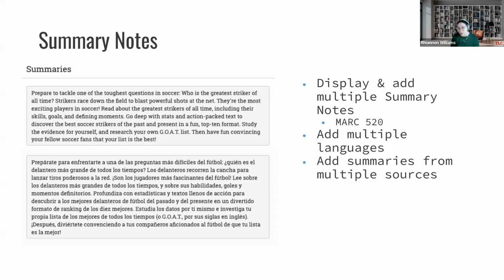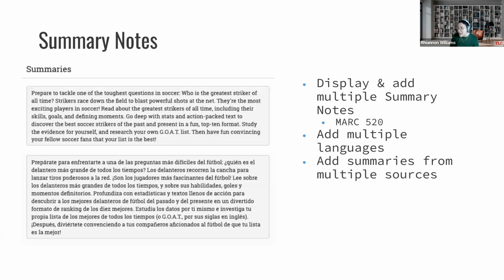But if you have vendor records coming in, or you're pulling them from other sources, or modifying an English language record to reflect a Spanish language material, you may not have all of that metadata in the language of the material itself. So having multiple summary notes can be super helpful.